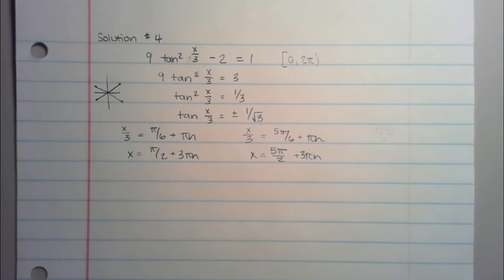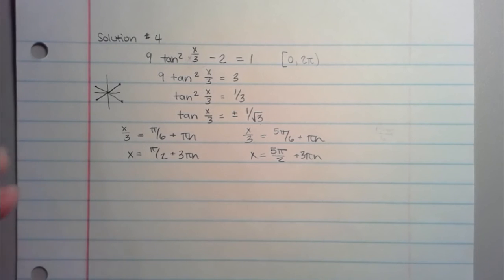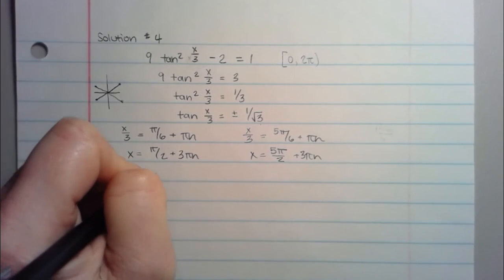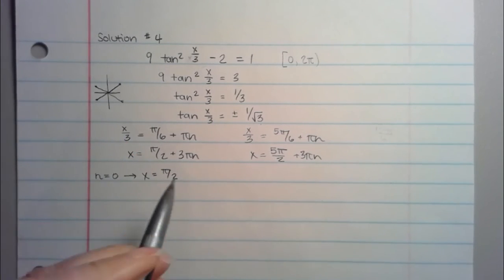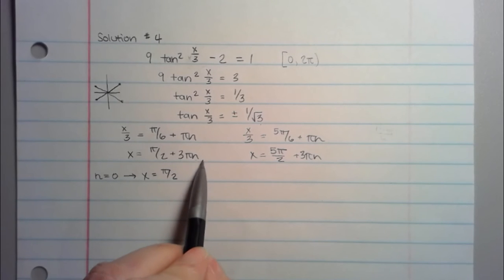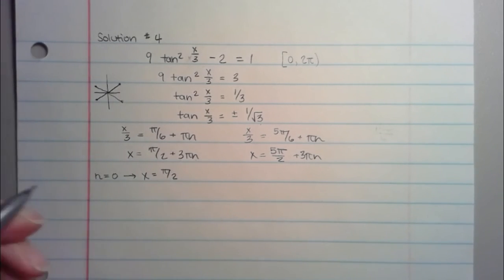We wanted instead to have solutions on the interval from 0 to 2 pi. So we'll start by making n equals 0, and that would give us pi over 2. So if we put 0 in here, 3 pi times 0 is 0. So this whole thing just goes away, and we're left with pi over 2 plus 0 is pi over 2.